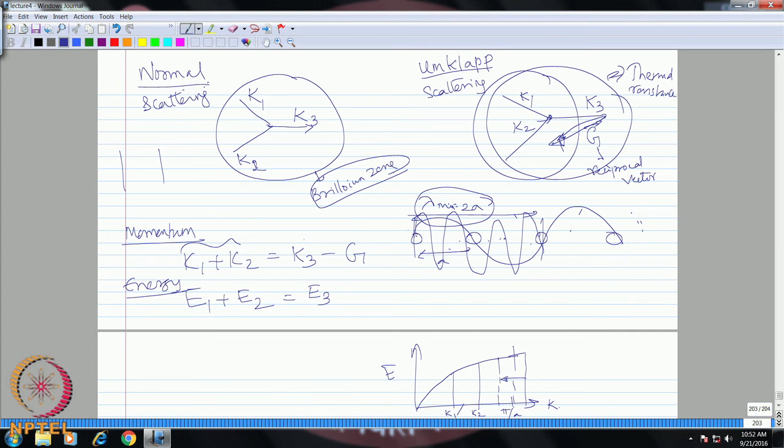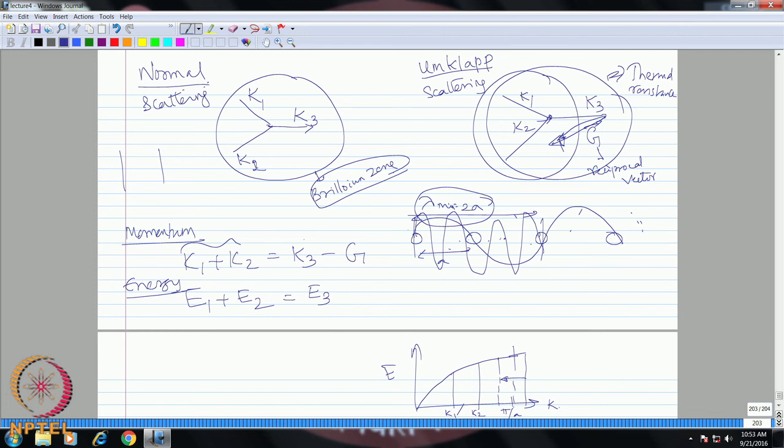Okay. So, on a fundamental basis, if you want to describe why we have a finite thermal conductivity of a solid, that is because of the presence of Umklapp scattering. If there was no Umklapp scattering, your thermal conductivity would have been infinite, because the phonons can flow easily without any resistance. They can transfer the momentum, they can transfer the energy. So, conservation of momentum is satisfied, and the momentum will not come down, right.